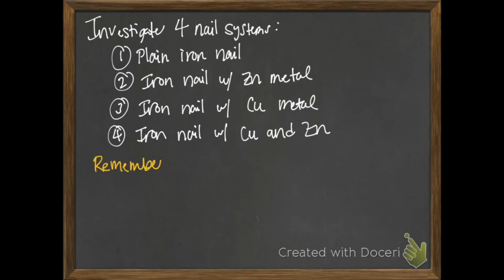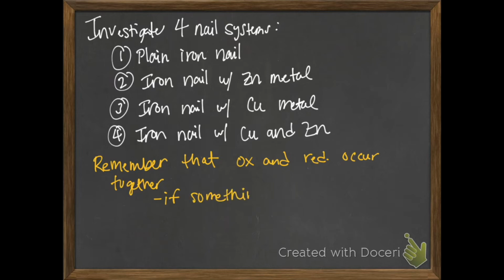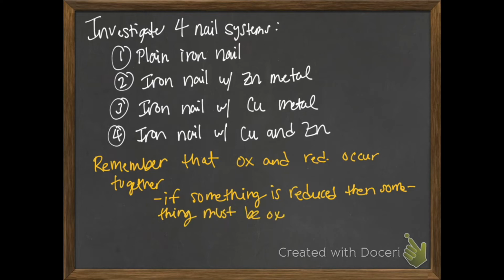Keep in mind that oxidation and reduction occur together. What that means is that if something is reduced, then something had to be oxidized. So if you see pink in your test tube, that means oxygen is reduced, so something must have been oxidized.